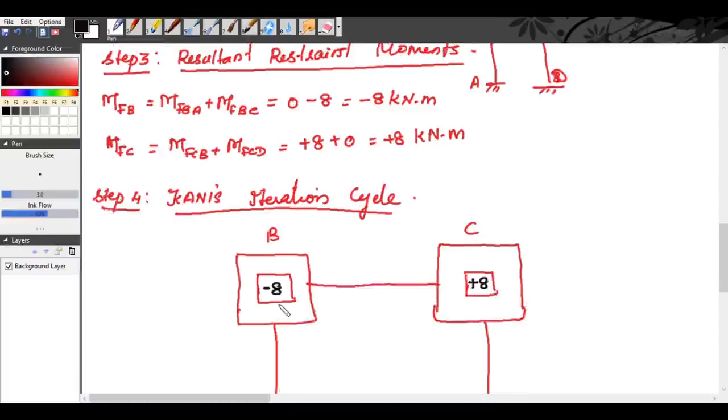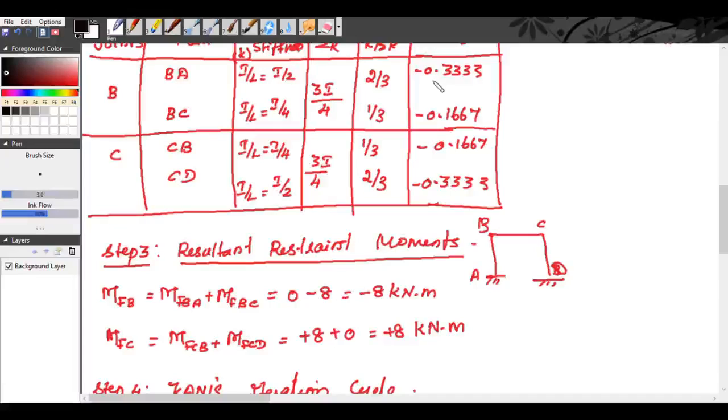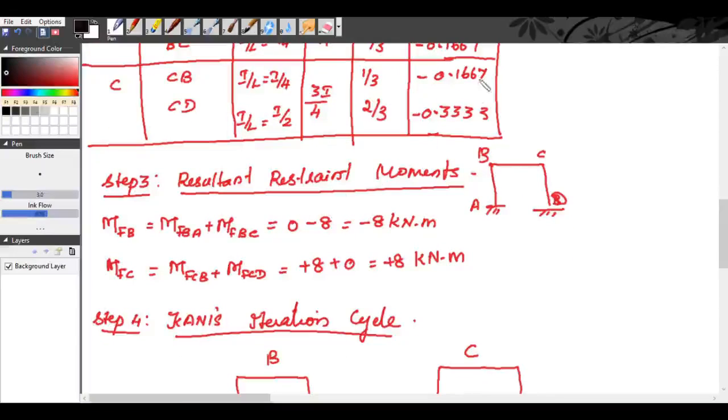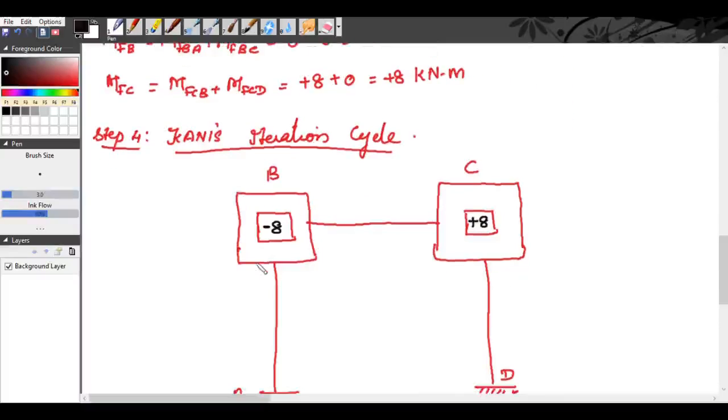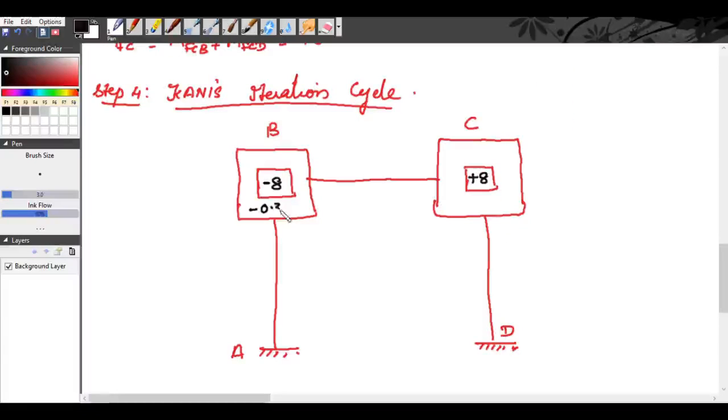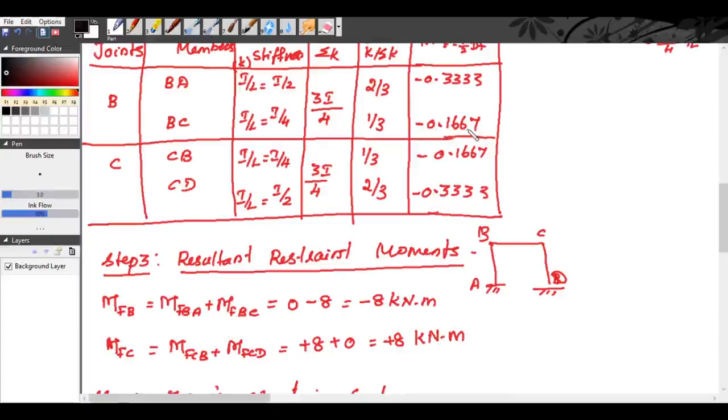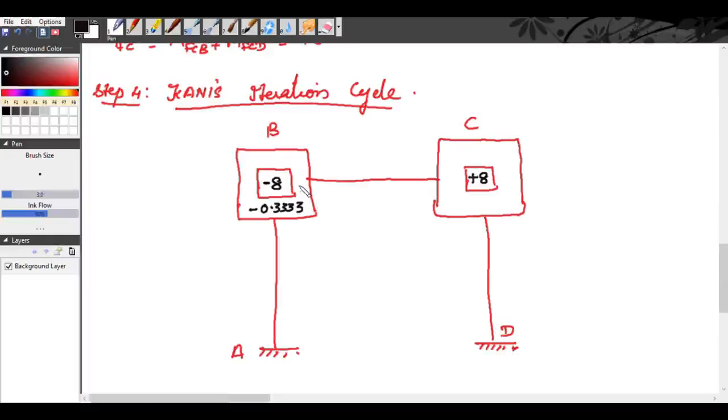Now writing the rotational factors, at B for BA it is minus 0.3333, and for BC the rotational factor is minus 0.1667. Similarly, for CB the rotational factor is minus 0.1667, and for CD the rotational factor is minus 0.3333.